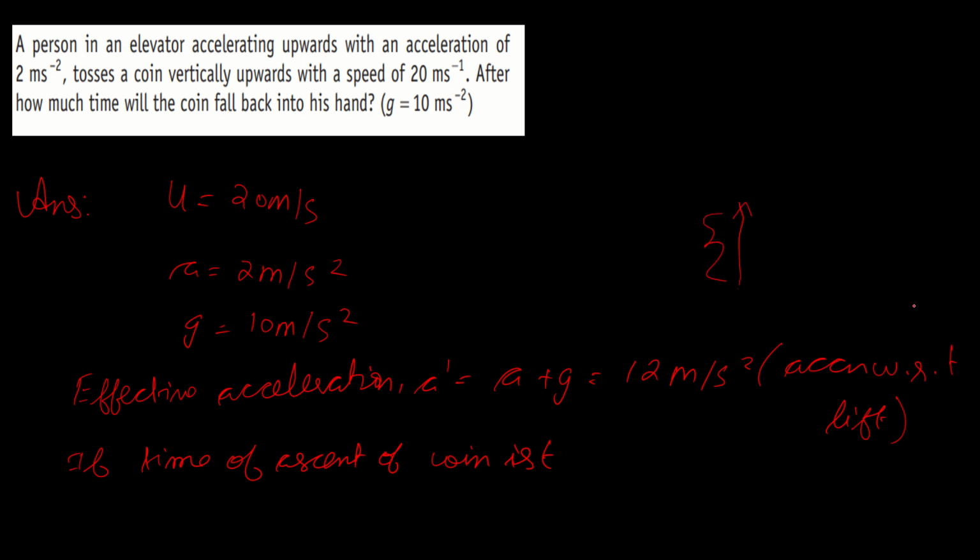Time of descent means the coin reaches up, and when the coin falls back into the hand, that is the time of descent. So we know that time of ascent will be equal to the time of descent whenever we flip a coin upwards, right? So we have to find this t. With the help of t, we can find the total time when the coin will fall back into the hand.